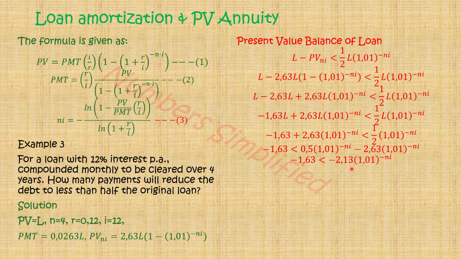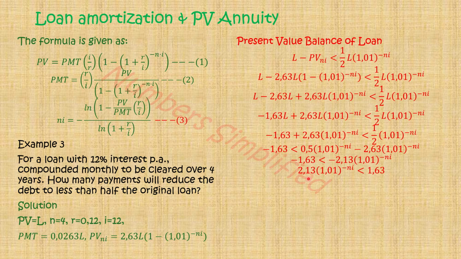And we are going to interchange the positions of these values so that we have a positive 2.13 times 1.01 raised to the power minus ni, because we want our unknown to be on the left hand side. Then the other term becomes positive 1.63.